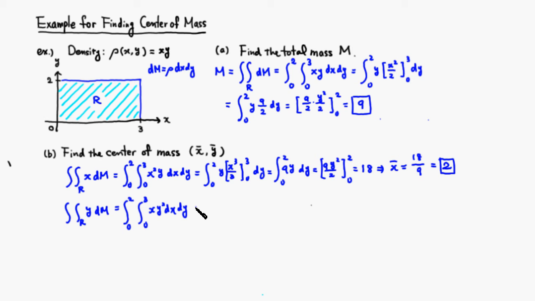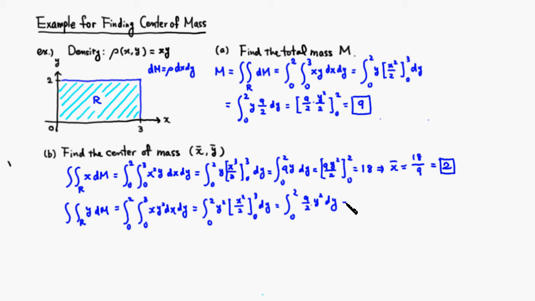You have an integral from 0 to 2, and y squared is just a constant. Then the antiderivative of x is x squared over 2, going from 0 to 3. This gives us 9 halves, so it's the integral from 0 to 2 of 9 halves y squared dy.